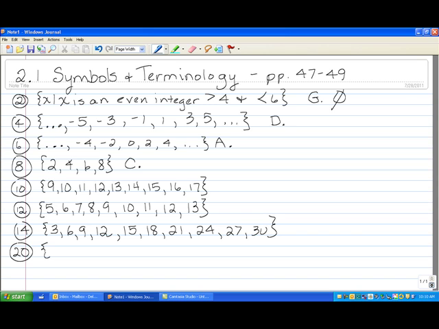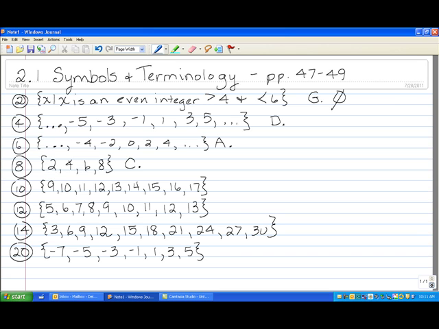An odd integer between -8 and 7. So again, it wouldn't include -8. For one thing, it's not odd, but so we're going to add 2 each time. And we don't want to include 7, so we're only going to go up through 5. Those are odd integers.